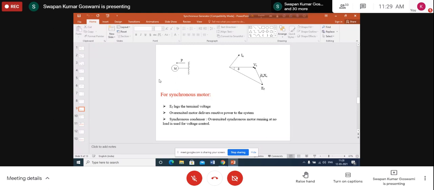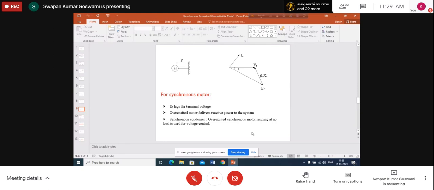Since this is a synchronous motor, it is called a synchronous condenser. So a synchronous motor operating at no load and overexcited condition is called a synchronous condenser, or sometimes a synchronous phase modifier.